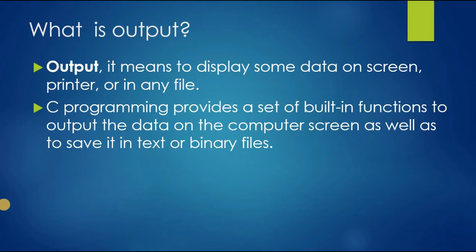Output means the data which is displayed on the screen or by a printer. And C provides us some functions to display the output, so those functions are called output functions.